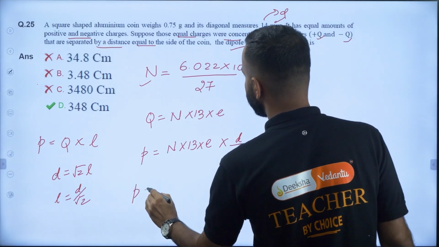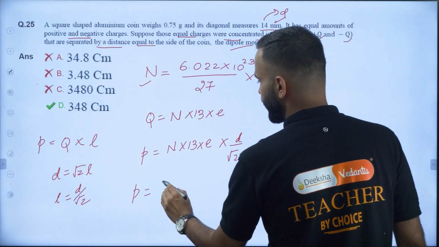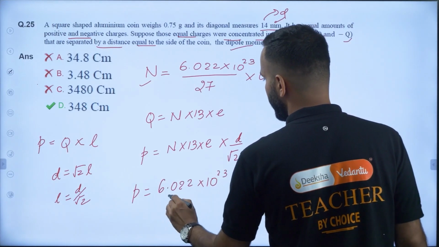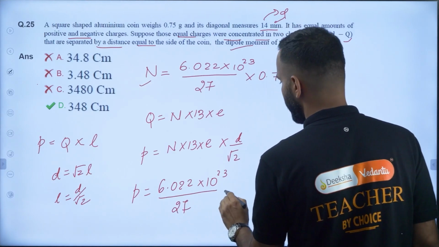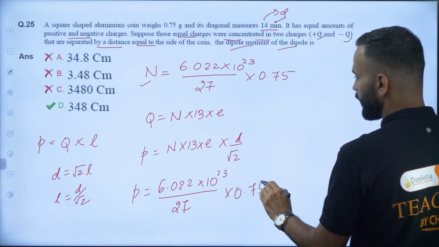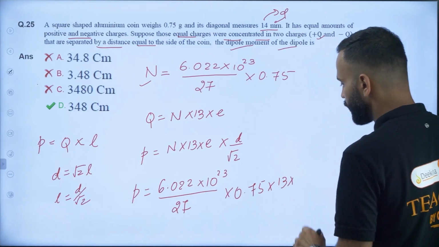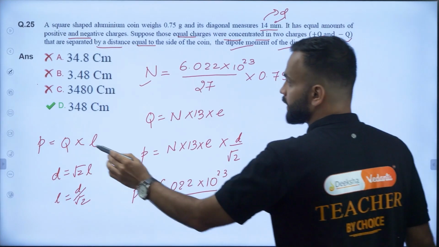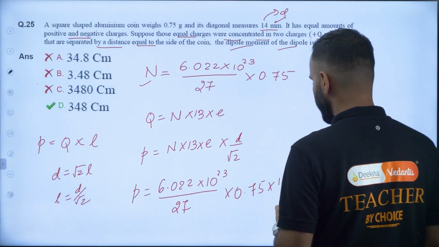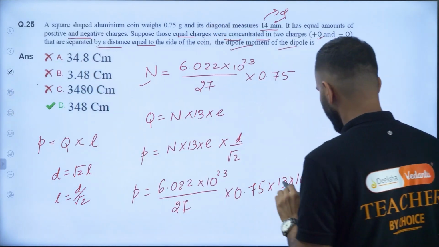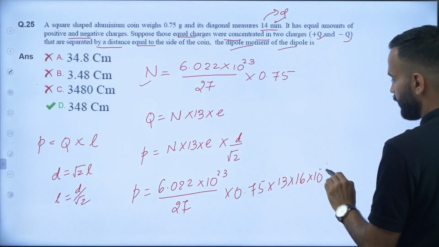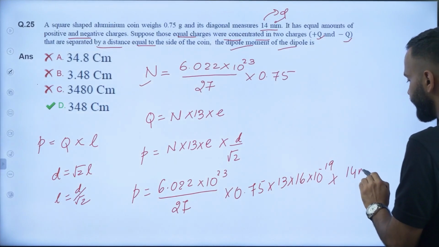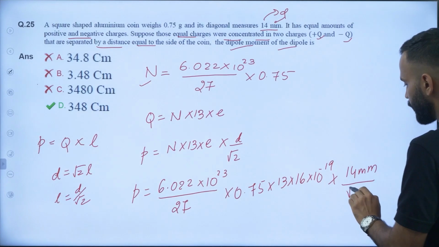So now P is equal to 6.022 into 10 to the power 23 divided by 27 into 0.75 into 13 into e, that is 1.6 into 10 to the power minus 19, into D by root 2, that is 14 millimeter divided by root 2.